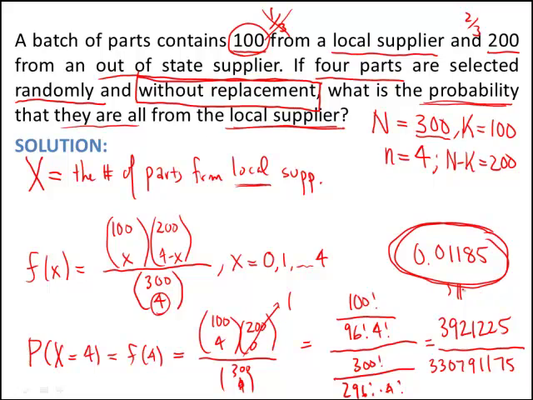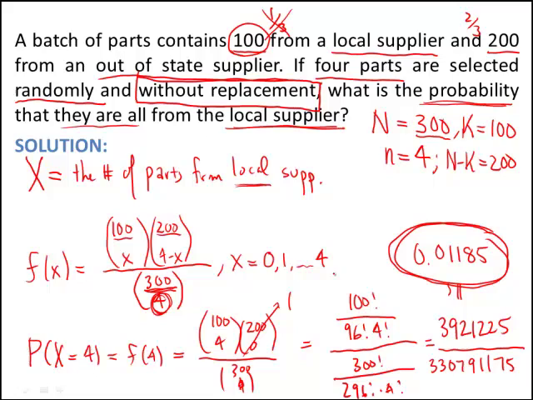So recapping, what we had here was a hypergeometric random variable. We set it up in terms of a hypergeometric probability mass function. 300 was our population size, and there were 2 categories. So notice that 100 and 200 add up to 300. We're selecting 4 parts. X of them are from the local supplier, and the rest were from the out of state.